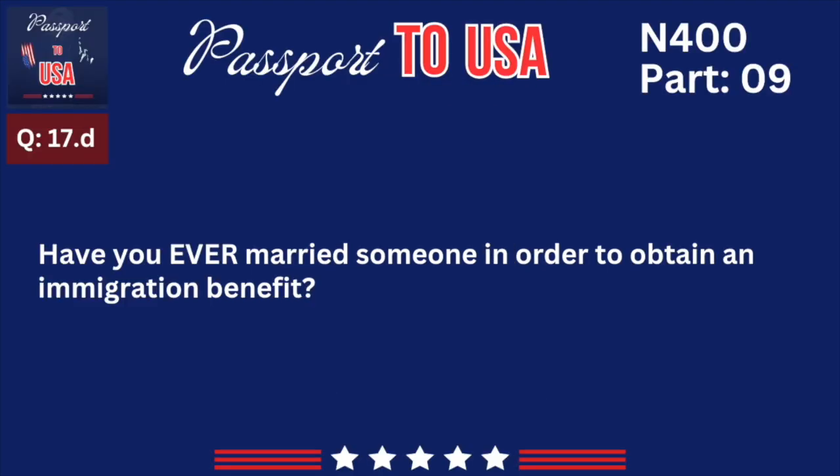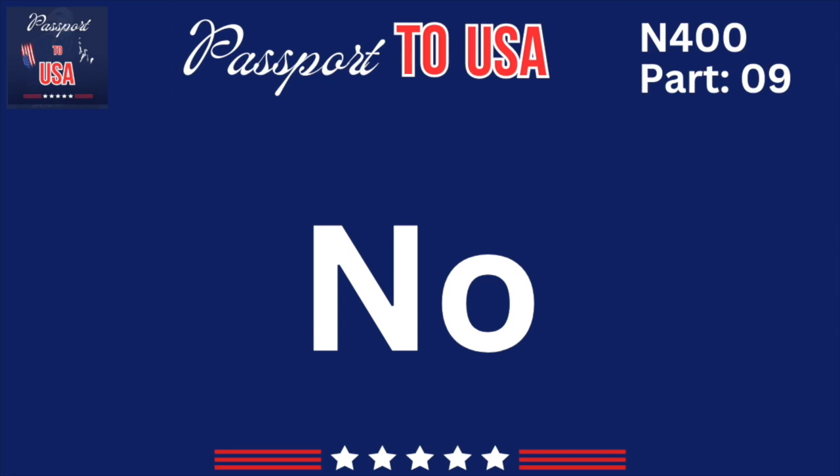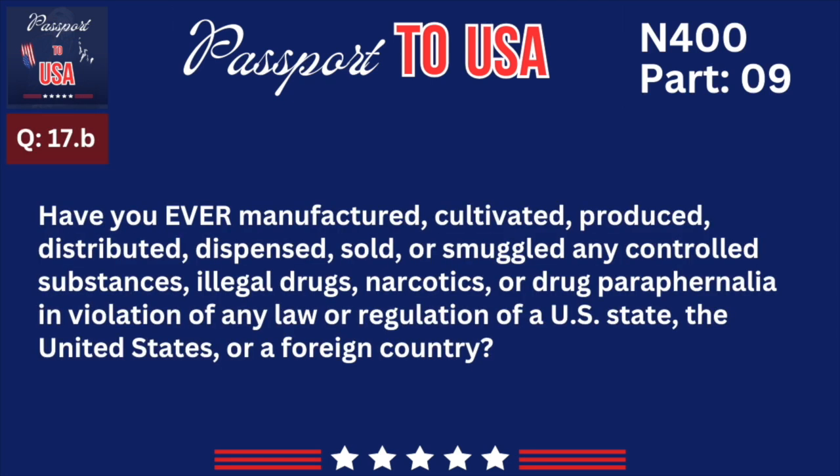Have you ever married someone in order to obtain an immigration benefit? No. Have you ever manufactured, cultivated, produced, distributed, dispensed, sold, or smuggled any controlled substances, illegal drugs, narcotics, or drug paraphernalia in violation of any law or regulation of a U.S. state, the United States, or a foreign country?